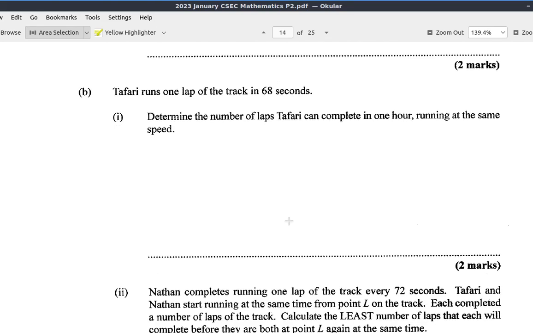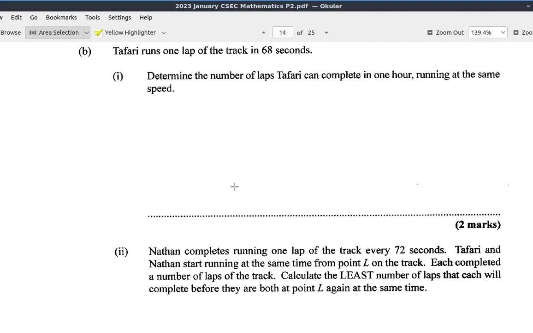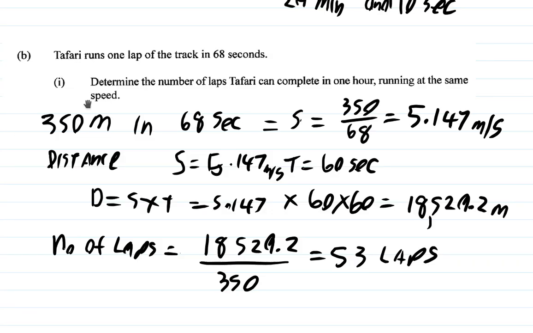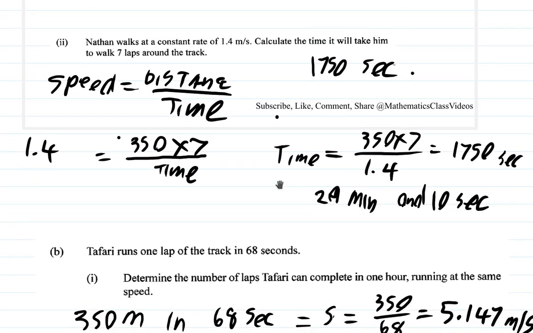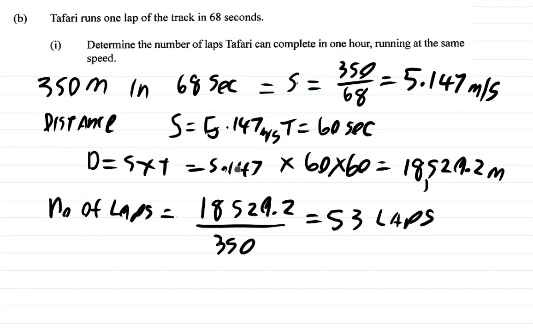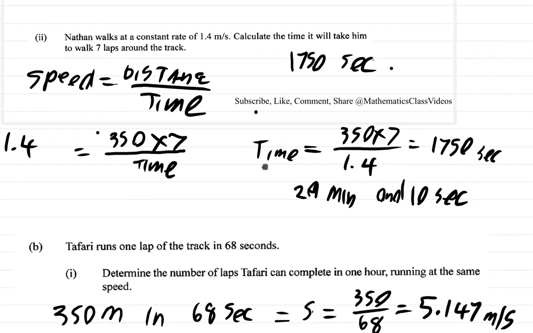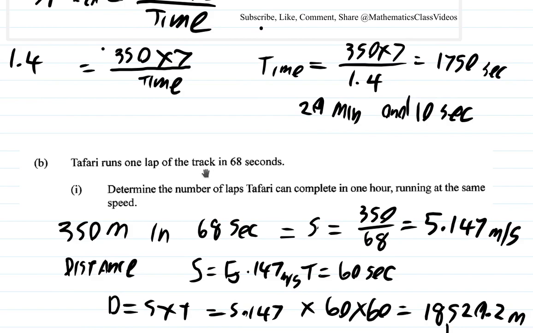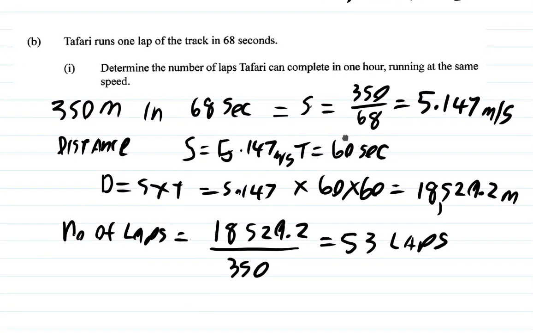So let's see how that goes. You have information here from the previous work. We have Nathan, Tafari. Tafari runs 1 lap in 68 seconds.